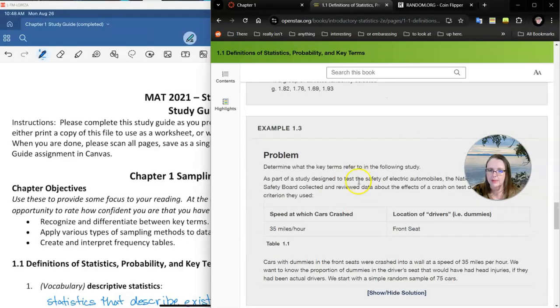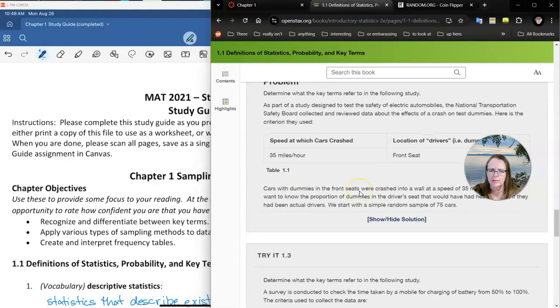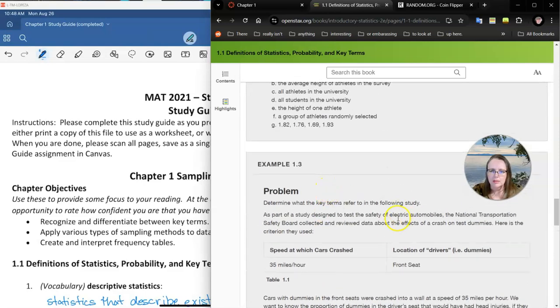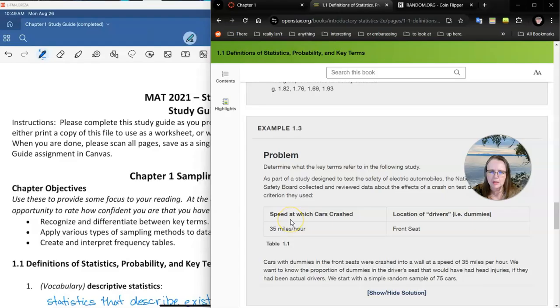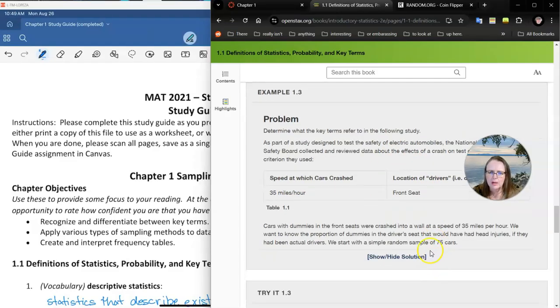what's happening here. So they've got, let's see, a study about the safety of electric automobiles. They were looking at the effects on crash test dummies. They looked at the speed that the cars crashed at and the location of the drivers. And it's going to ask you to figure out, well, what is the population? What is the sample?